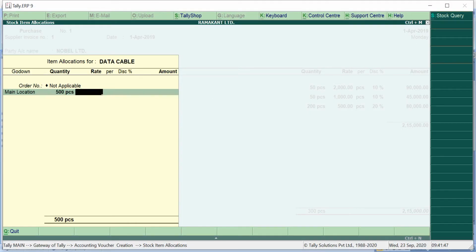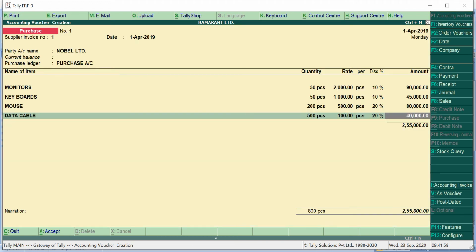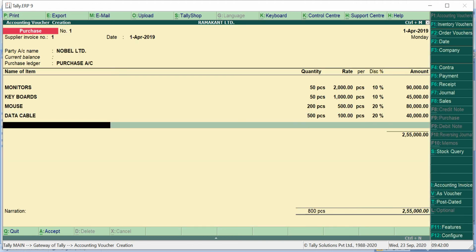Quantity 500, rate 100 per piece. And 20% discount is offered on this. So 20% off. You verify the figures. When you are making entries, you must verify this table with the table that is given in your question.